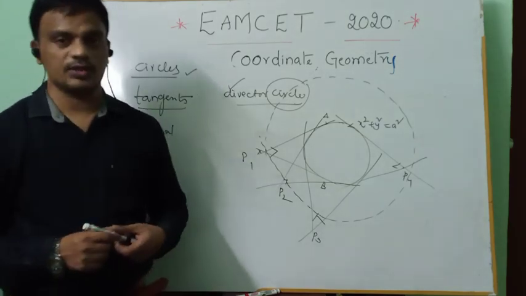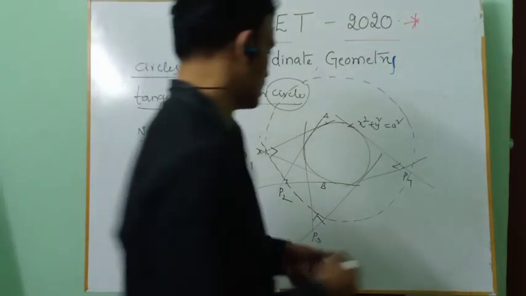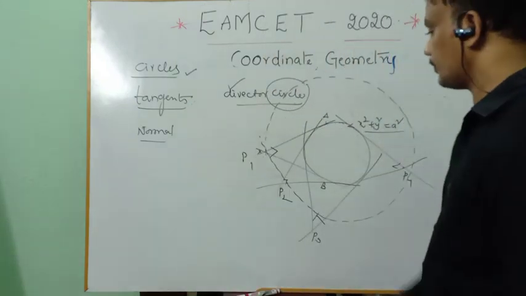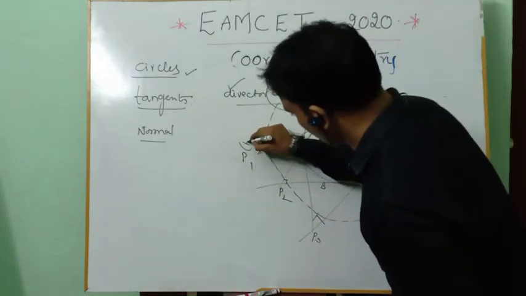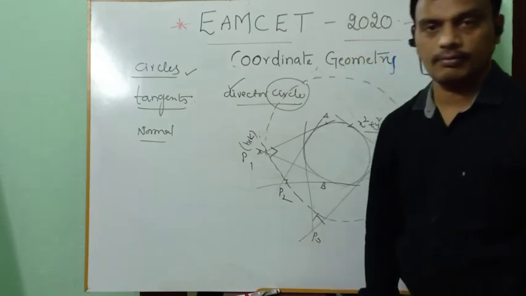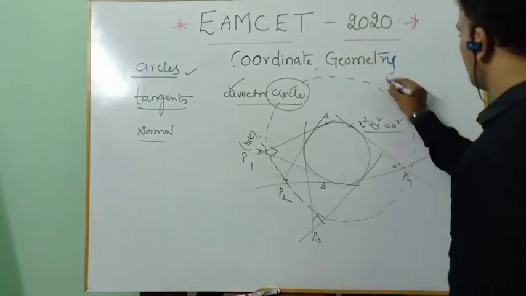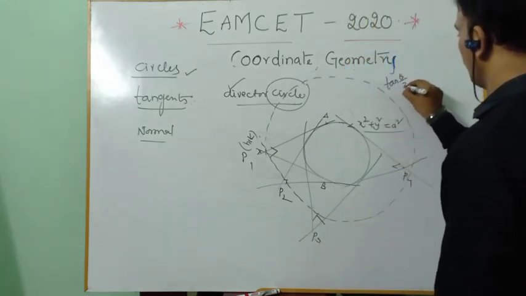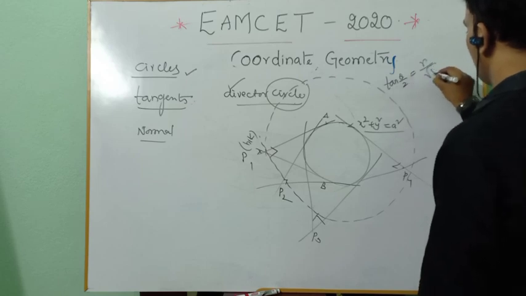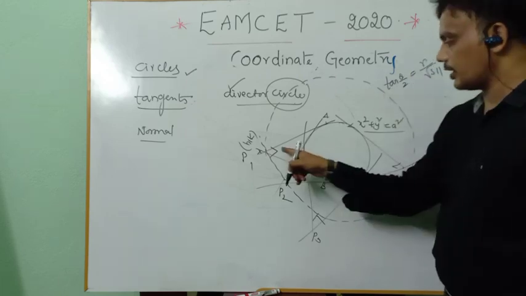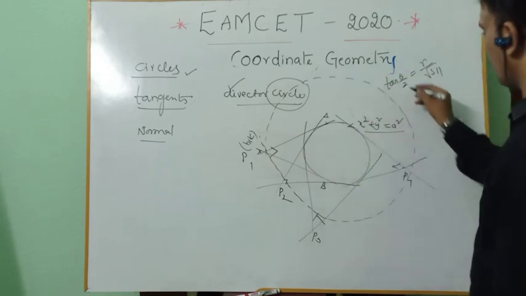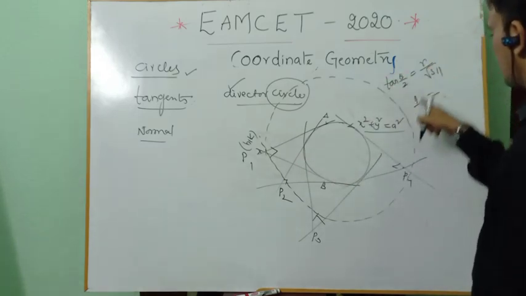Then what is the equation of the director circle? For the circle, take the locus point P as (h, k). We have one formula: tan(θ/2) = r/√S11. The value of θ is already 90, so this is tan 45 = 1, equal to the radius over √S11.